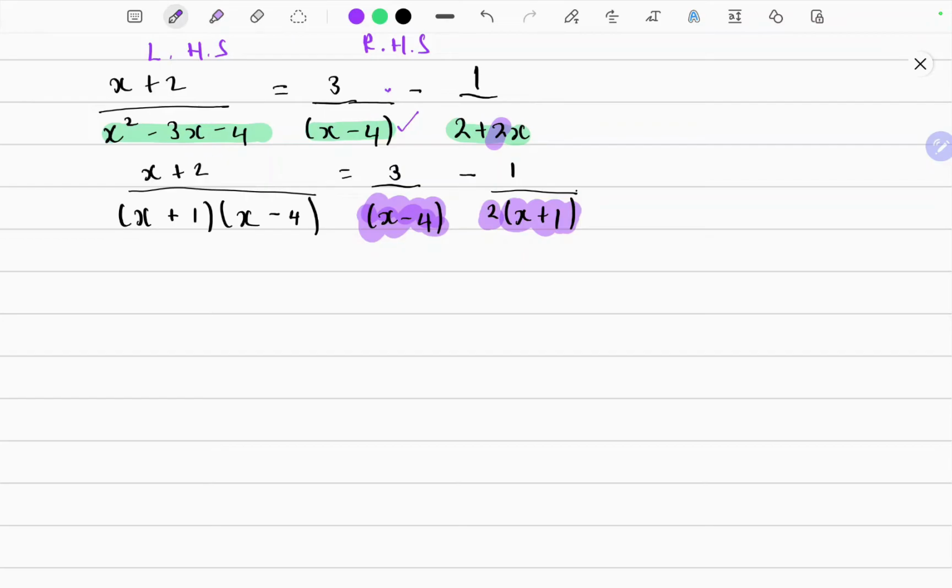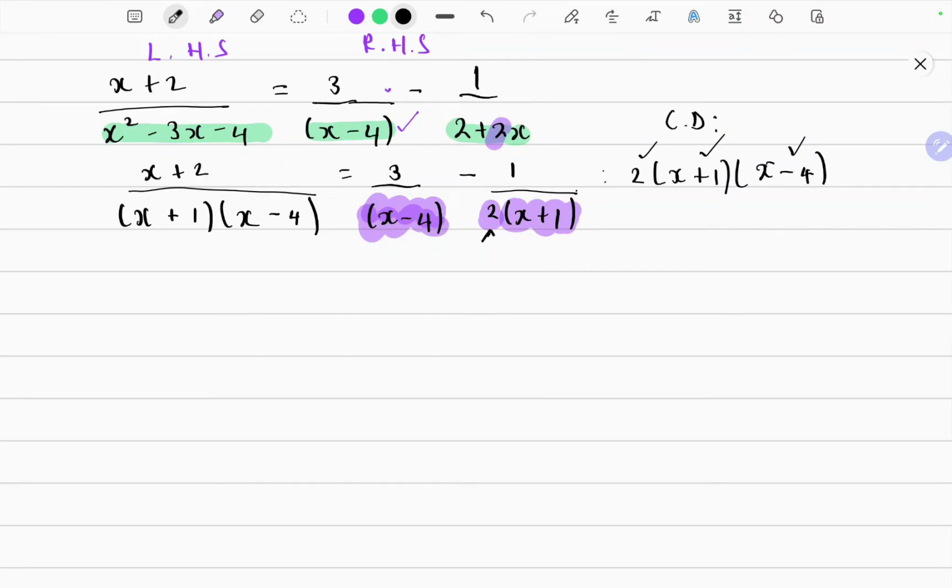So we want to multiply by an expression that has factors common with what we see in the denominator. So x minus 4 is common, x plus 1 is common, and we multiply with 2 because we want to get rid of that 2 in the denominator. So our common denominator is 2 into x plus 1 into x minus 4.